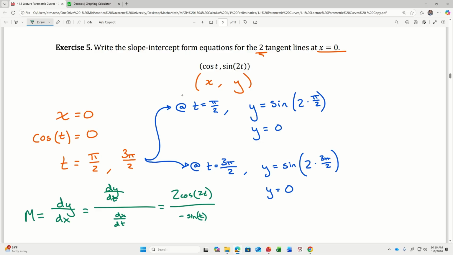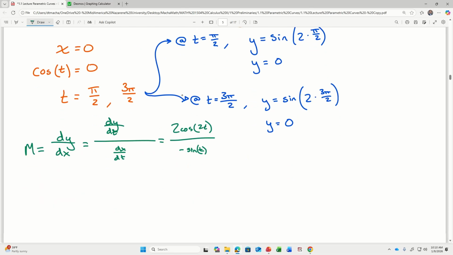And at the point where t is equal to pi over 2, my slope would be 2 times cosine of pi. Cosine of pi is negative 1.